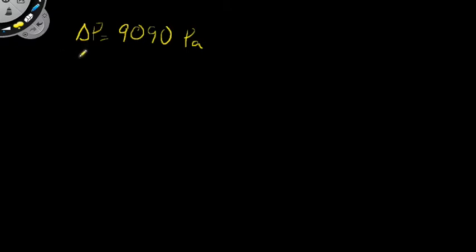What else did they give us that we'll need? They tell us in the problem that we have an air density of 1.29 kilograms per cubic meter. Nice, no conversion.